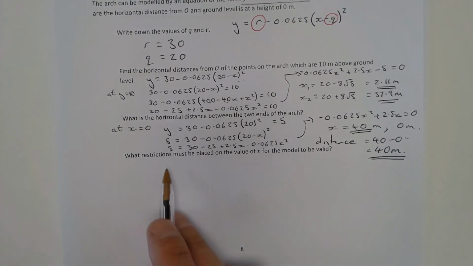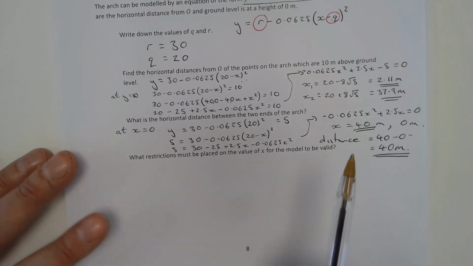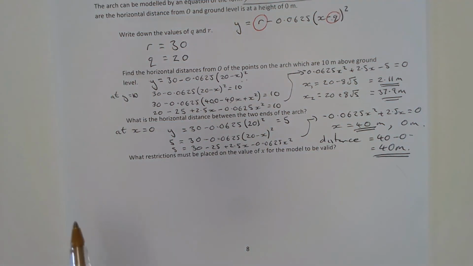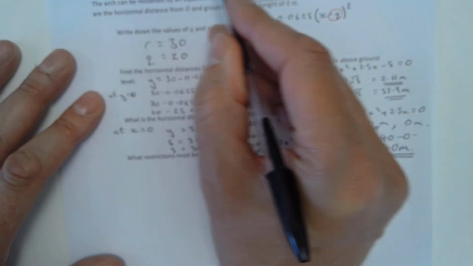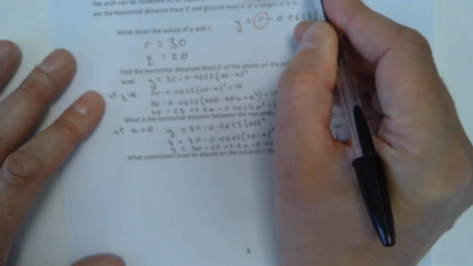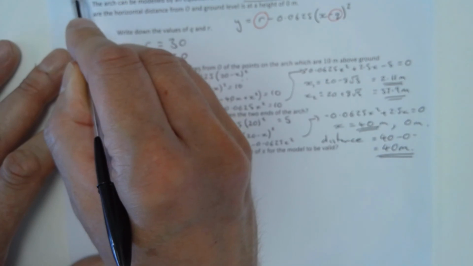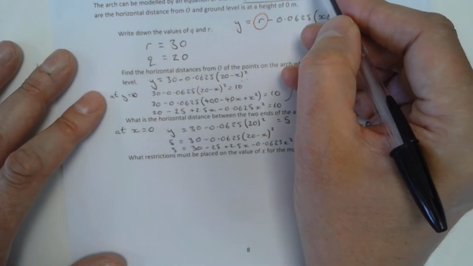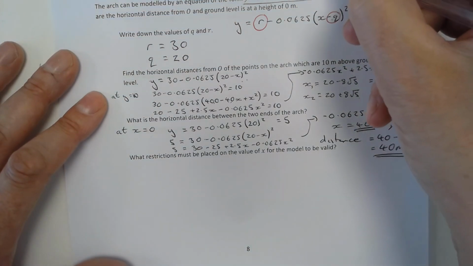Okay, what restrictions must be placed on the value of x for the model to be valid? Okay, so this arch, I presume, is sitting on the ground or on, I don't know, on some platforms or something like that. It only works in this range here. So it's quite straightforward, isn't it, that we cannot take an x that is negative, it wouldn't make sense, and we cannot take an x that is greater than this value here, which we know is 40.